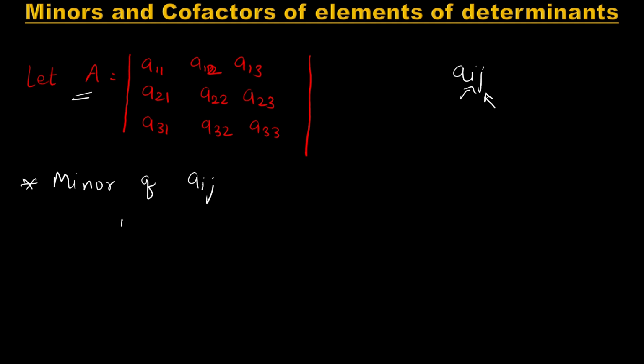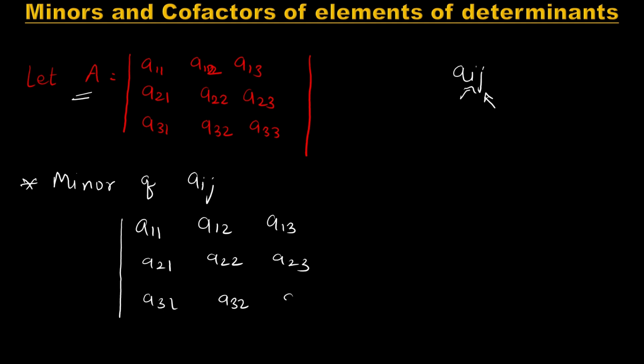So if I want to find out the minor of element A11 in this determinant, what I will do is erase or delete its row and its column.